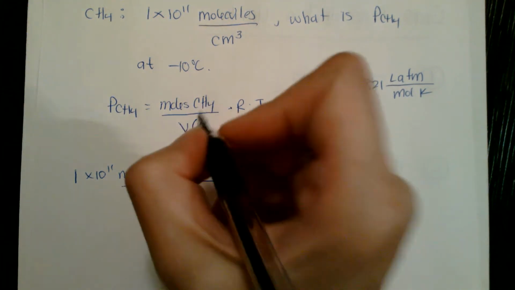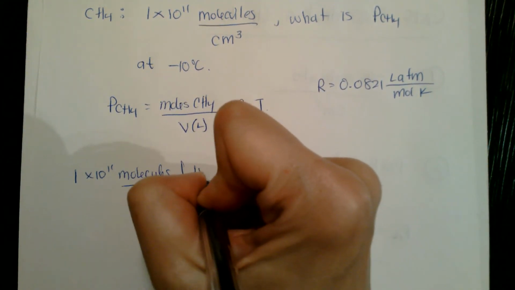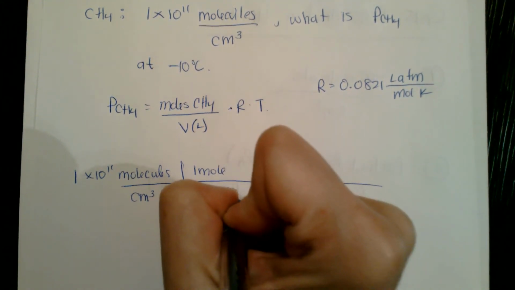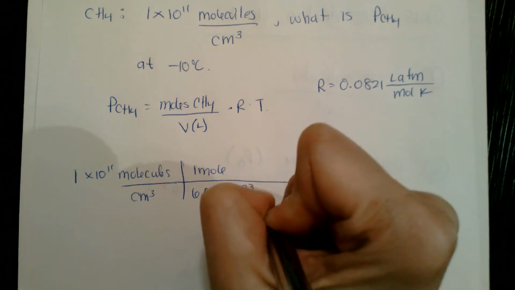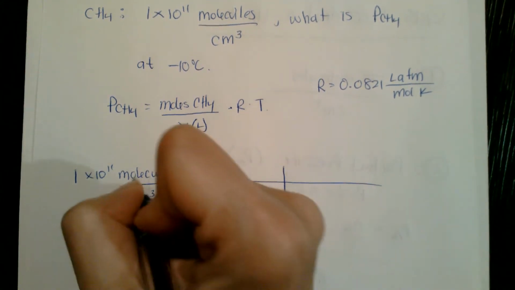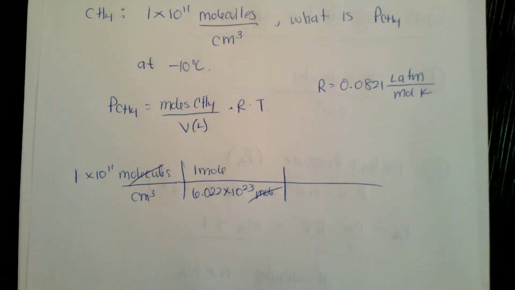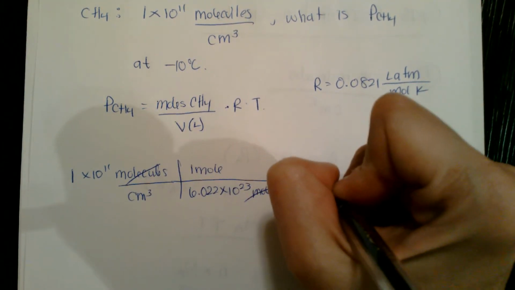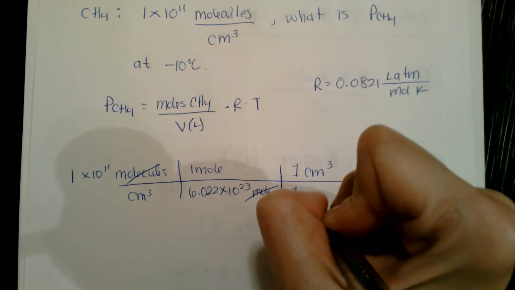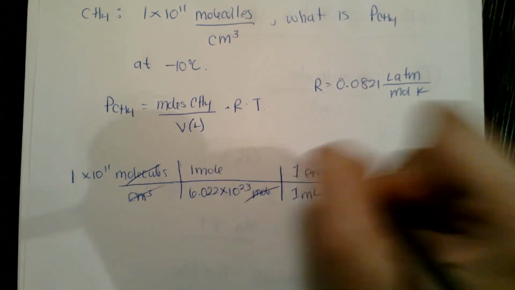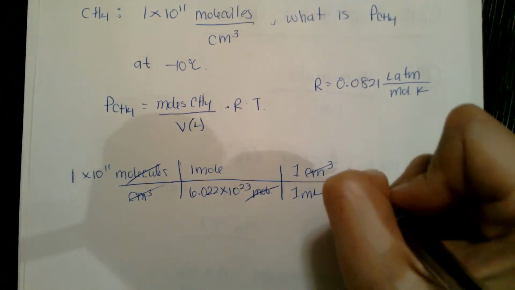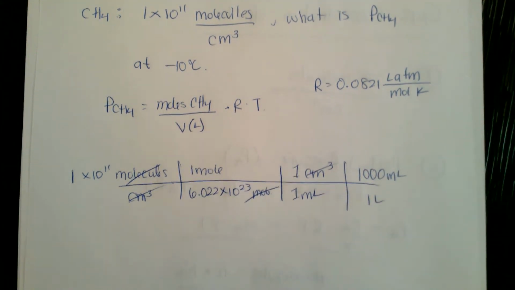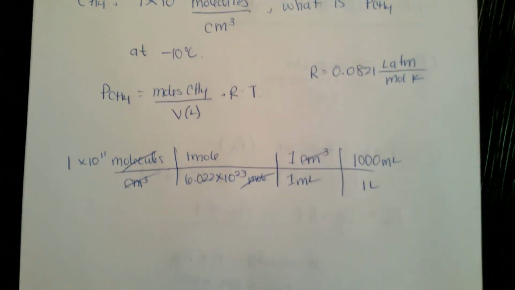Using Avogadro's number, 1 mole is equal to 6.022 times 10 to the 23rd molecules, so molecules cancels. Then 1 centimeter cubed is equal to 1 milliliter, so our centimeters cubed cancel. And then finally, 1,000 milliliters is equal to 1 liter.